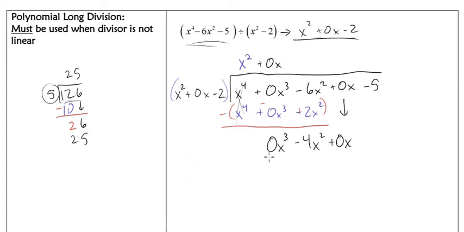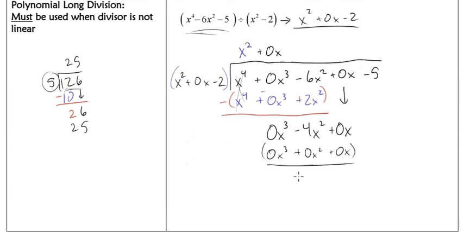And 0 times all of that gives us 0x to the third plus 0x squared minus 0x plus 0x, however you want to think of that, and subtract these out. We end up with negative 4x squared plus 0x, and bring down that minus 5.